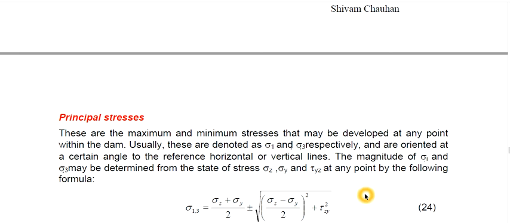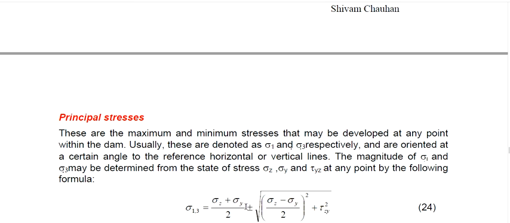So, what is the formula for maximum principal stress? The formula is (sigma z plus sigma y) by 2 plus square root of ((sigma z minus sigma y) by 2) whole square plus tau zy square.